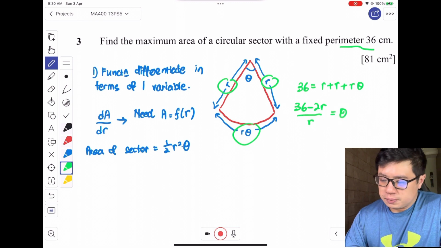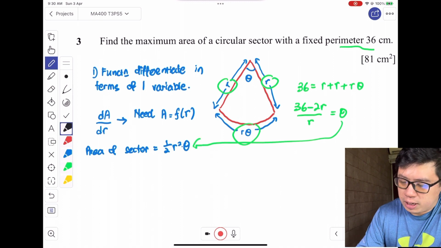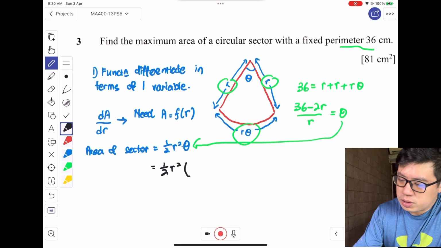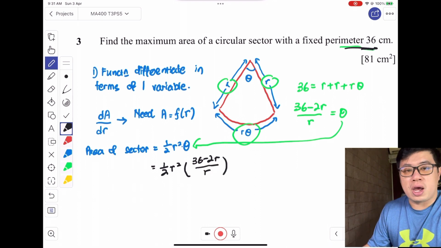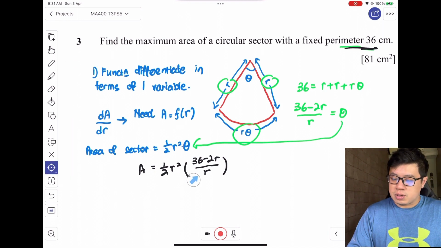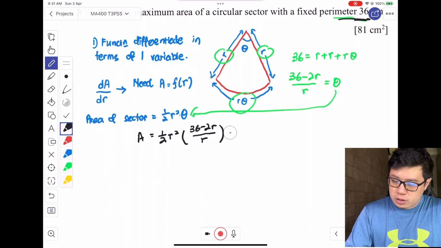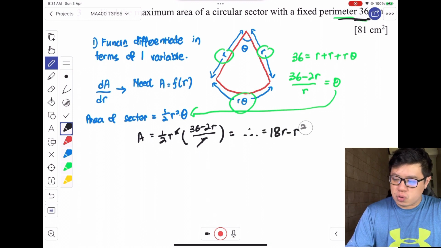Taking this theta and substituting it here, your area of sector is half of r squared times theta, so we have A totally in terms of r. Let's simplify this. Cancel r, and I eventually end up with 18r minus r squared.